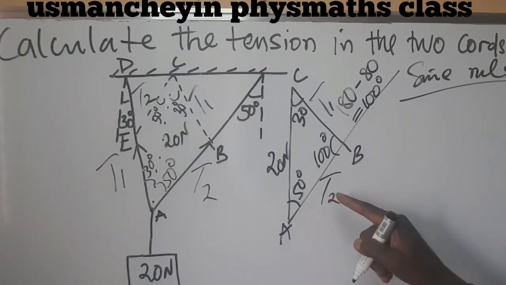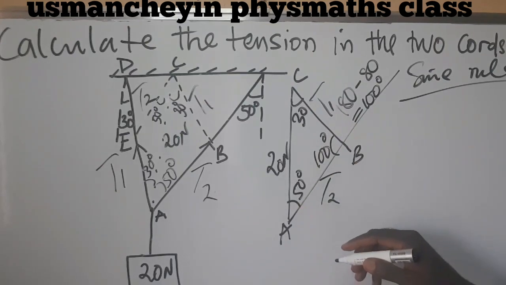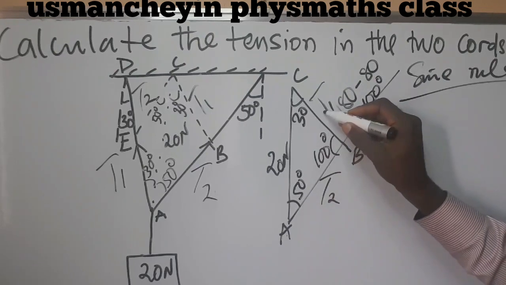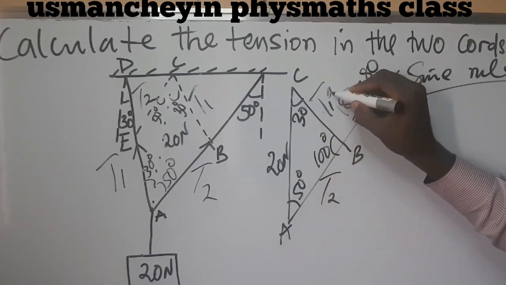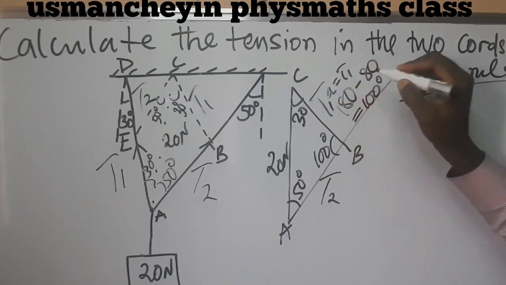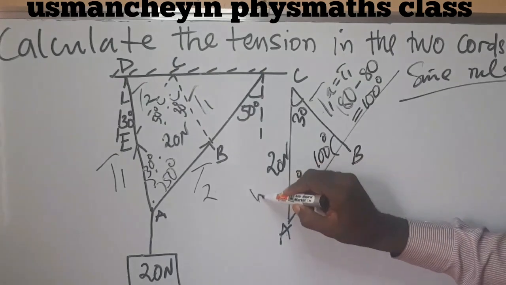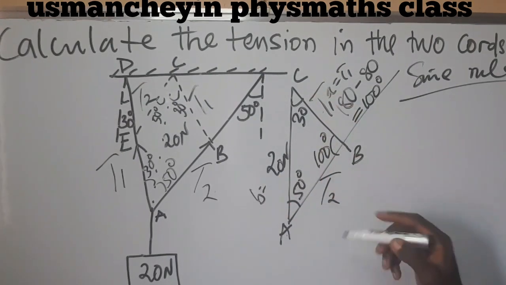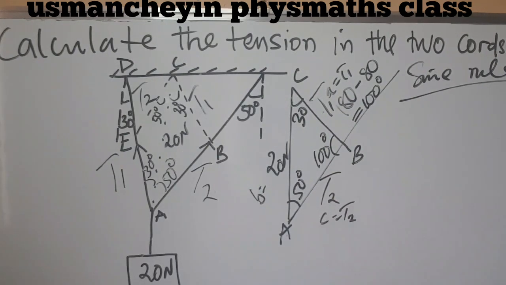If you are picking T1, you relate it with this angle. So we say the side that capital A is fastened, let's give it small a, and it's equal to T1. The side that capital B is fastened, small b, is equal to 20. The side that C is fastened, small c, is equal to T2.